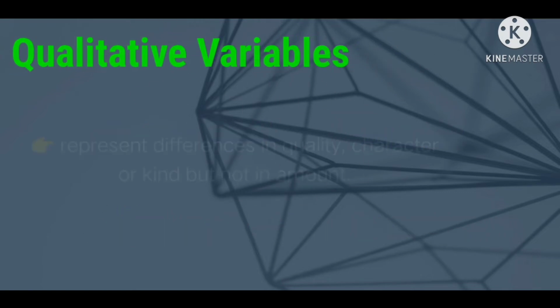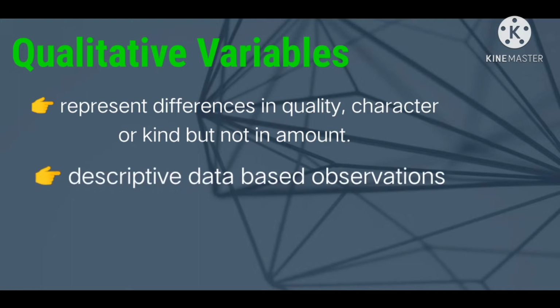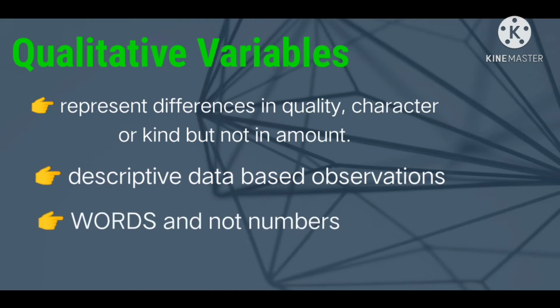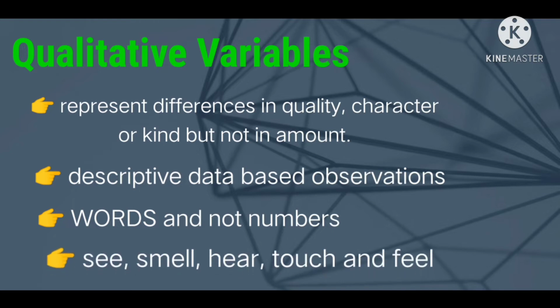Qualitative variables represent differences in quality, character, or kind, but not in amount. In simple terms, it is descriptive data based on observations, where we use words and not numbers. When we think of it, qualitative variables usually involve the five senses: what we see, smell, hear, touch, and feel.